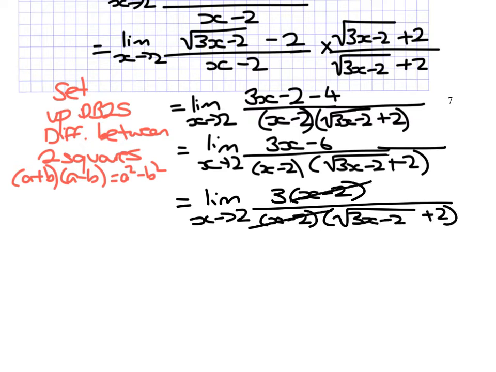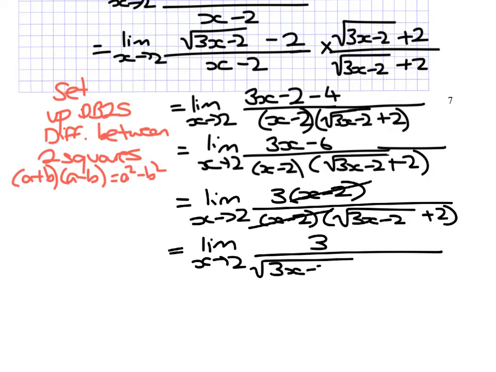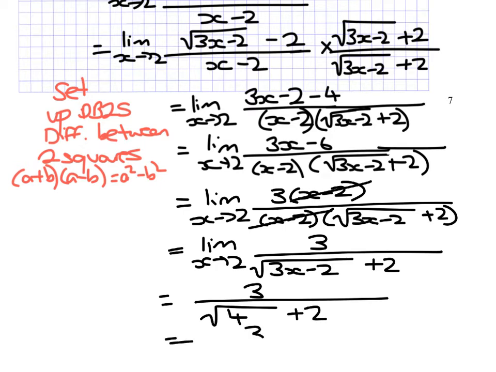So we cancel those brackets and we get the limit as x approaches 2 of 3 on the square root of 3x take 2 plus 2. And then we can just substitute in. You get 3 on the square root of 6 take 2, which is 4, plus 2. So that's going to be 3 over 4 as our answer.